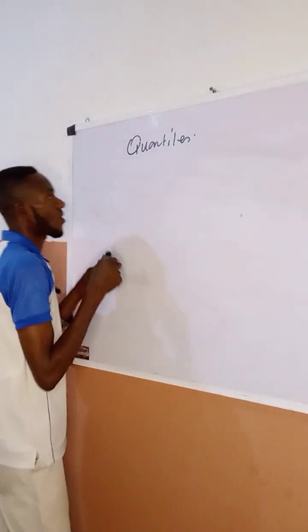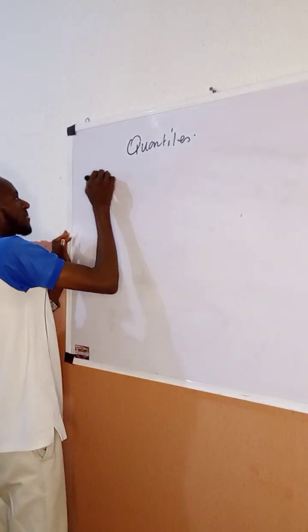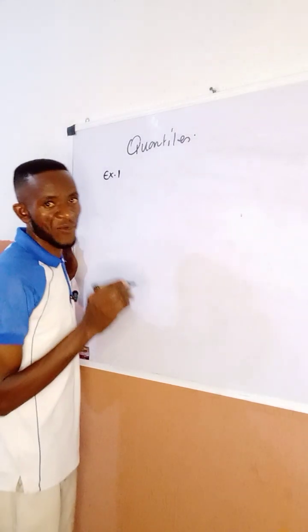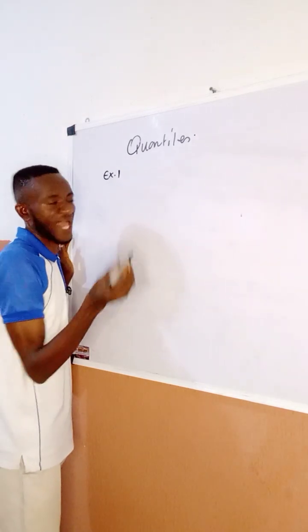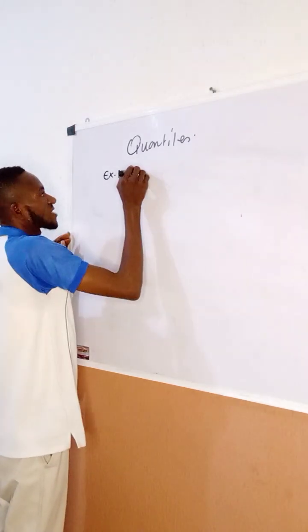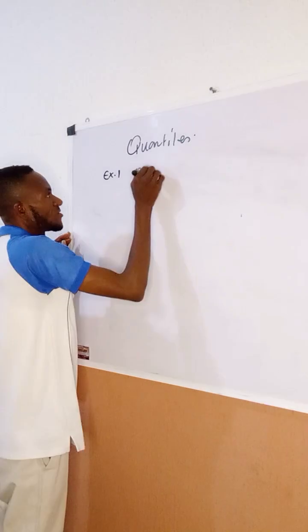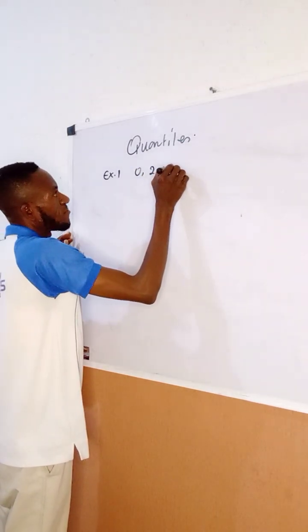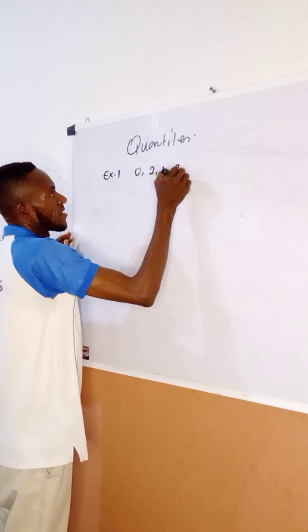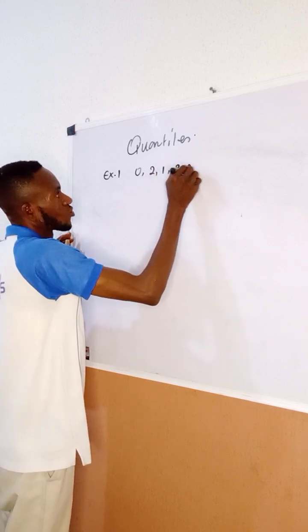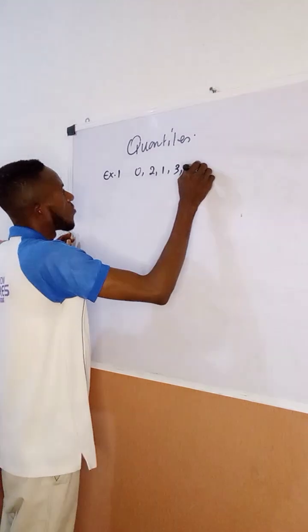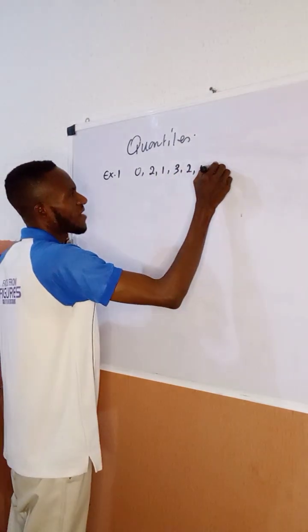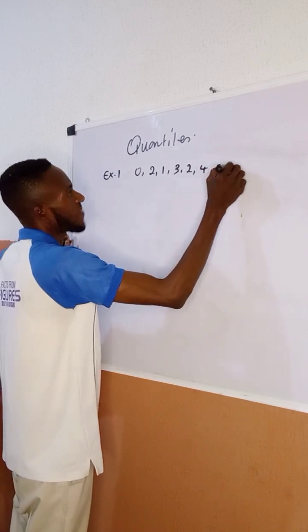We now have what we call example one. In this example one, let us say that we have the observations: 0, 2, 1, 3, 2 again, 4, and then maybe 7, and maybe -1.